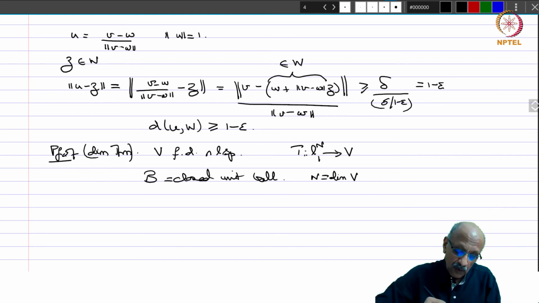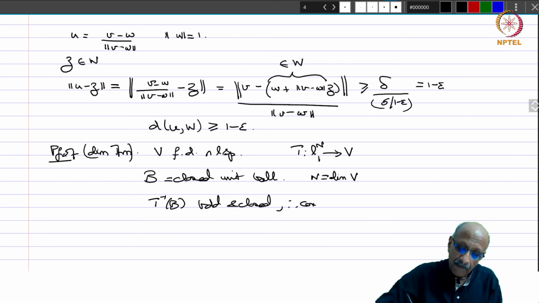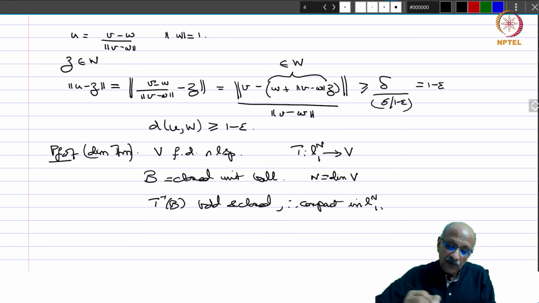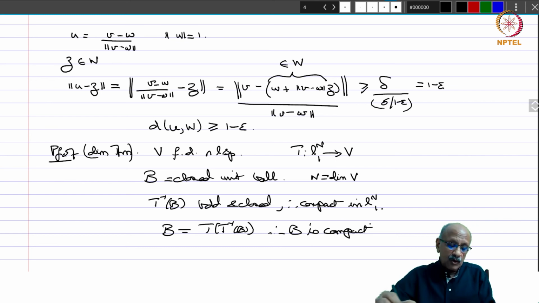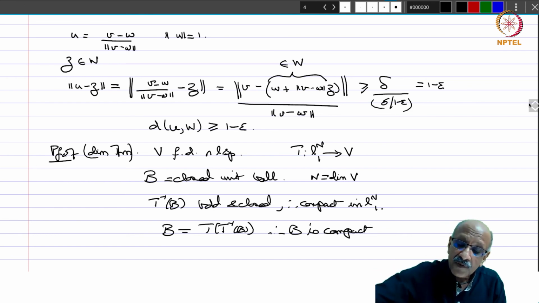So B is a closed unit ball, so T inverse of B is bounded and closed, therefore compact in l^n_1. Therefore, since the continuous image of a compact set is compact, B is T of T inverse B, and therefore B is compact. So this shows that if you have a finite dimensional space, the closed unit ball is always compact. This is of course expected.